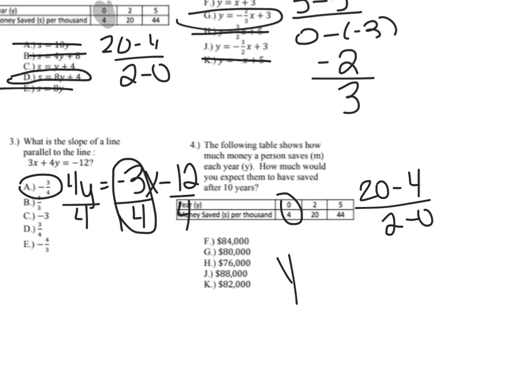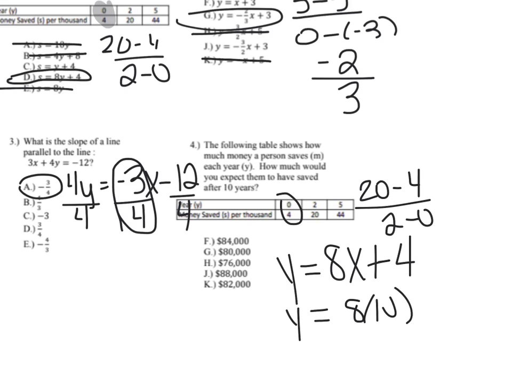So my equation is y equals 8x plus 4. Okay, and it wants to know after 10 years, so I'm going to say y is going to be worth 8 times 10 plus 4. That's 80 plus 4, which would be 84,000.